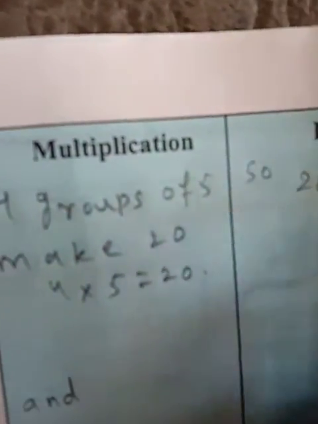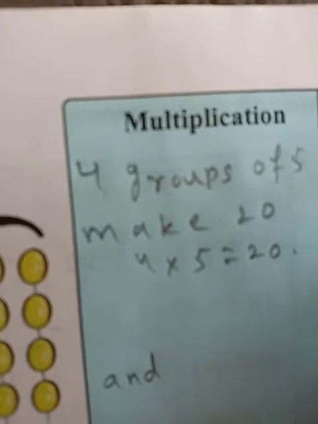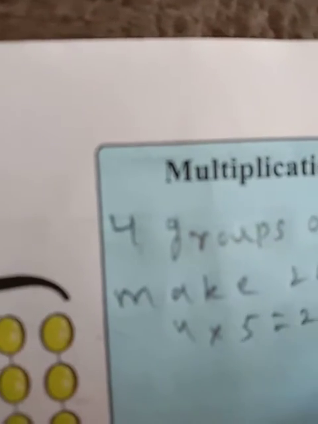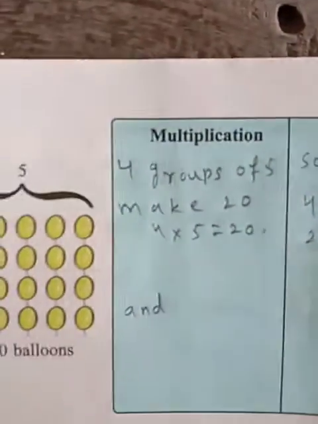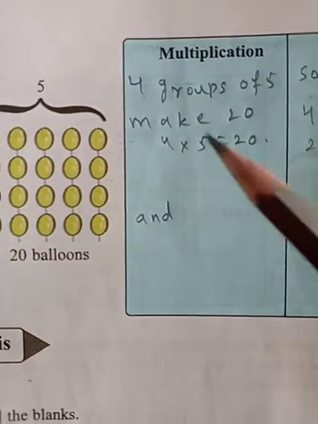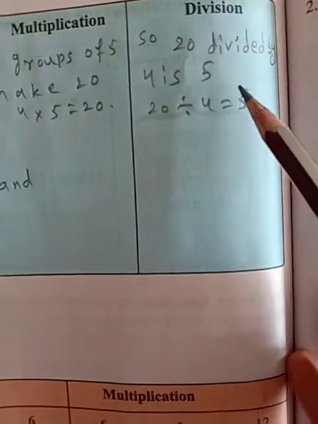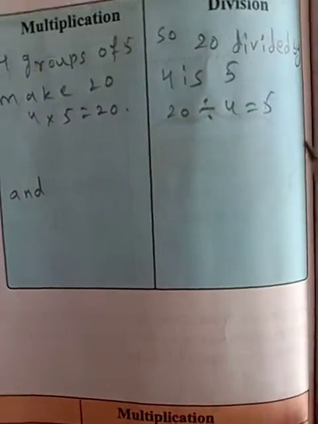And see, 20 divided by 4 is 5. See children, 4 groups of 5 make 20. 4 5s are 20. So 20 divided by 4 is 5. 20 divided by 4 equals 5.